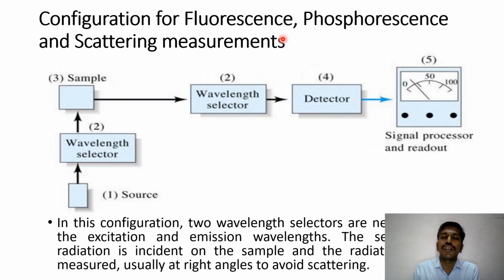Next, as I already said, we have to measure fluorescence, phosphorescence and scattering. In that, we have a source. From the source you have to select a particular wavelength using the wavelength selector. Once the light is given to the sample, it will produce many different light signals due to the fluorescence, phosphorescence and scattering properties of the sample.